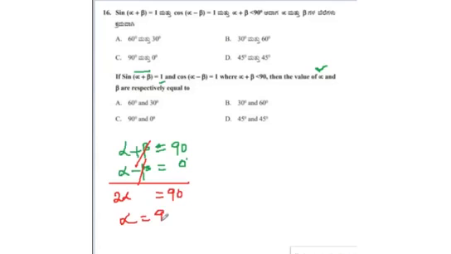Alpha is equal to 90 by 2, which is nothing but 45. So if alpha is 45, obviously beta will also be 45, because alpha plus beta is 90. So correct option among these 4 is D, 45 and 45.